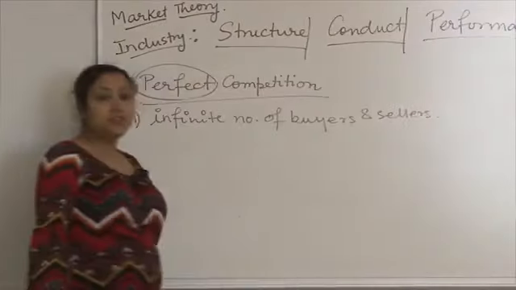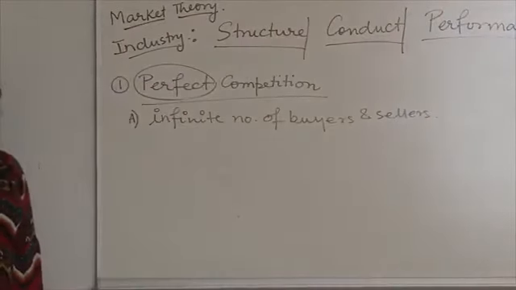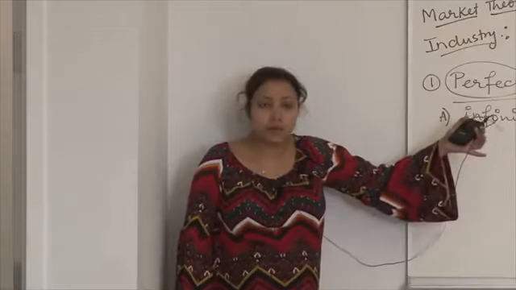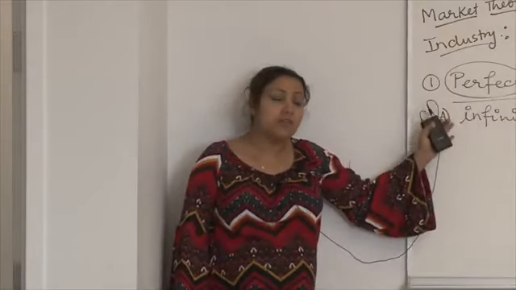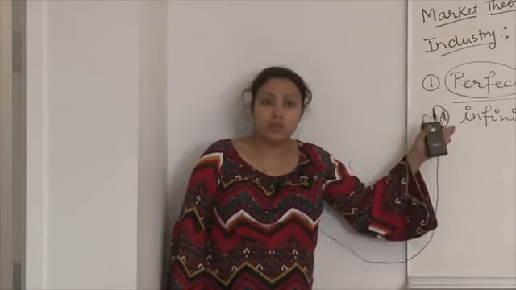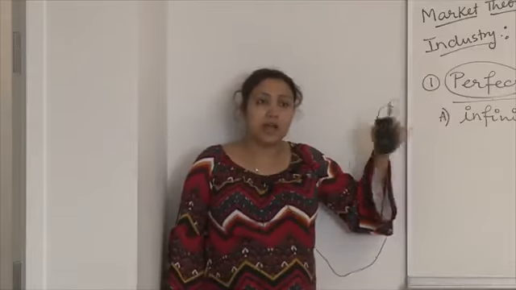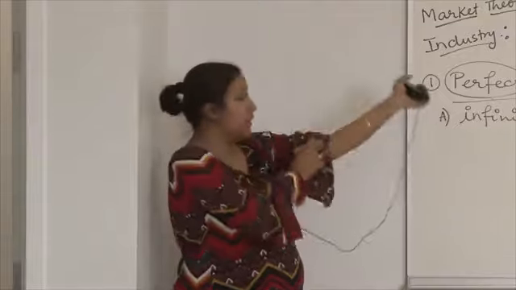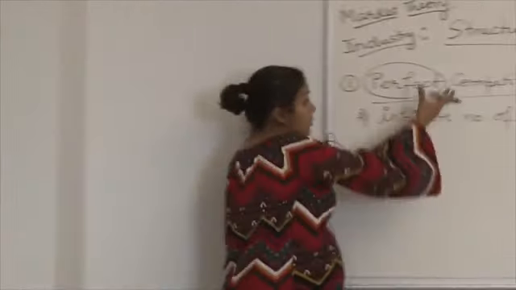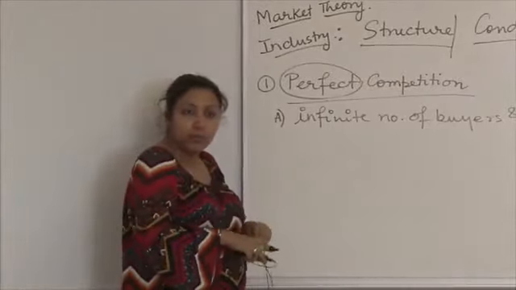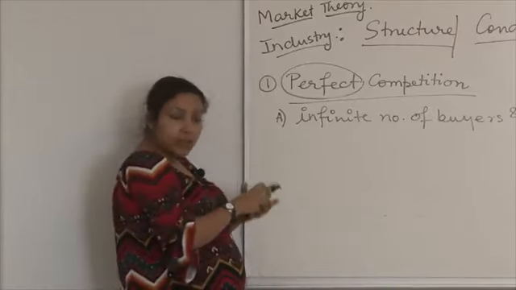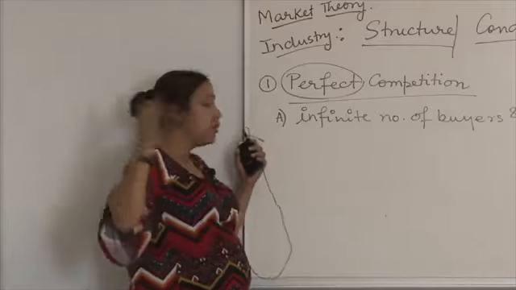That itself is an unrealistic thing to happen in the real world, because no matter which market it is, there will be a finite number of people who want to buy and a finite number of people who want to sell, right. But this is a market where you cannot count the number of buyers and sellers, an extremely infinitely large number, and hence there is so much competition between the buyers and the sellers. There is perfect competition because they are infinitely large in number.